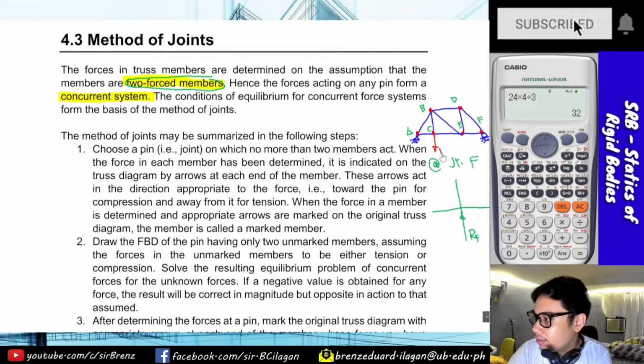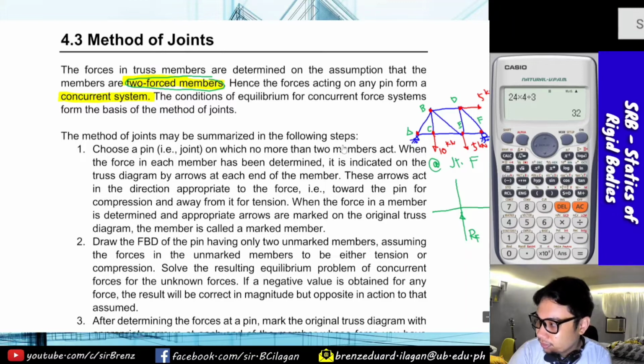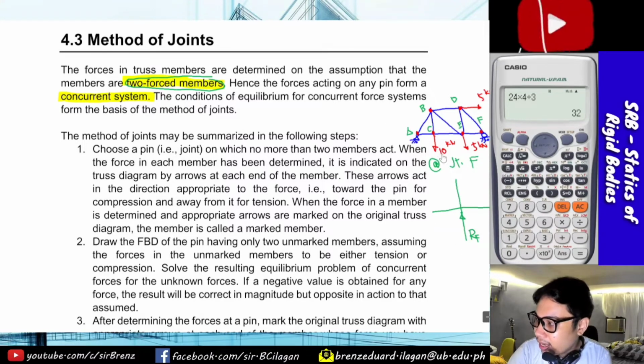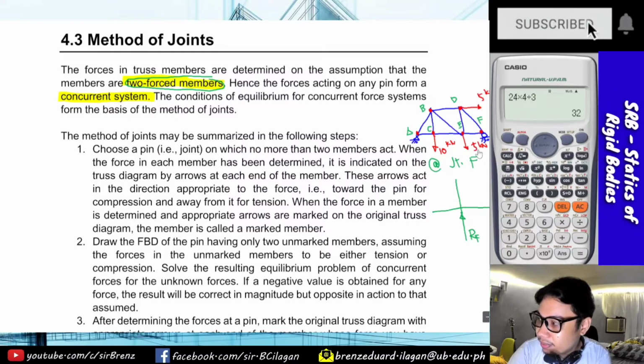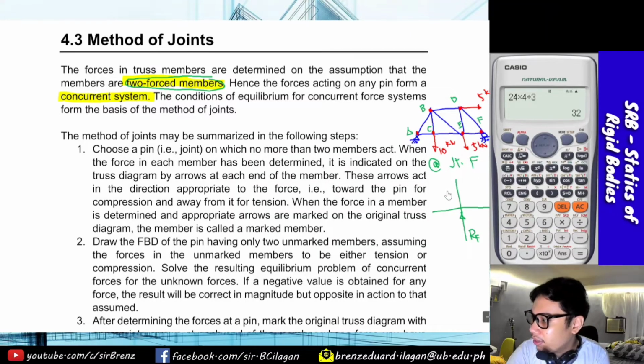Lagyan ko dito ng 10. Ito, gawan ko ng 5. Ito, lagyan natin siguro ng 5 kN. So, aside from that, just in case na mag-join tayo sa E, kasama rin sa analysis yung mga external load applied. So, isasama mo yung 5 kN na pababa. So, ano pa yung mga member na nandun sa joint F? So, meron ka ditong DF.